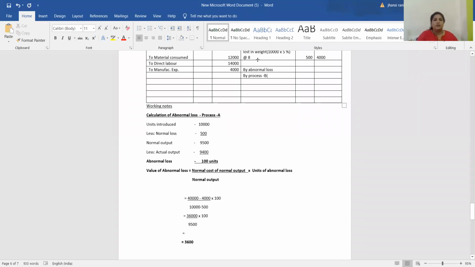So first we will calculate 36,000 divided by 9,500, comes to how much? 3.78. So 3.78 into 100.